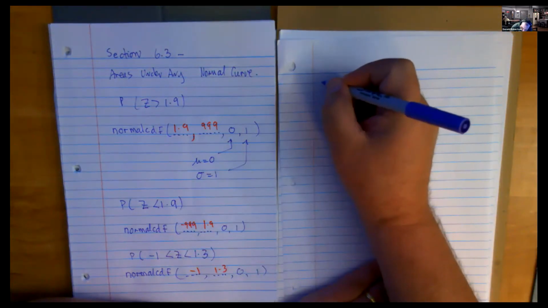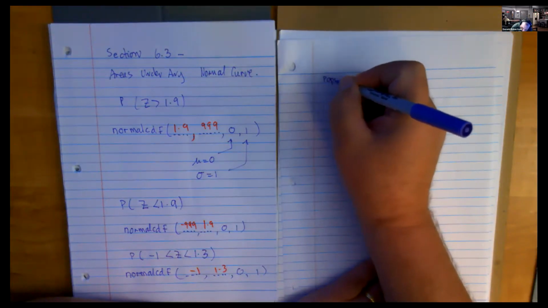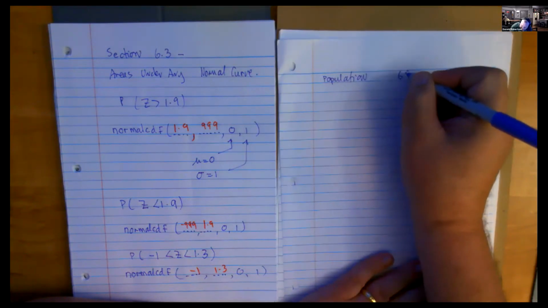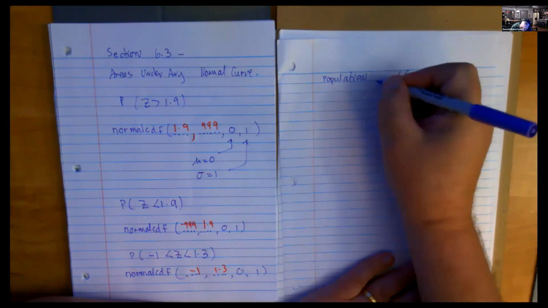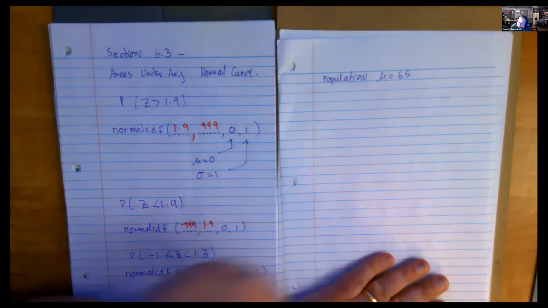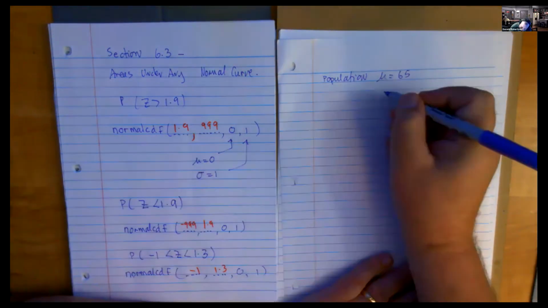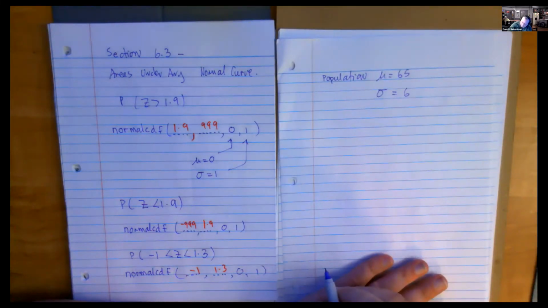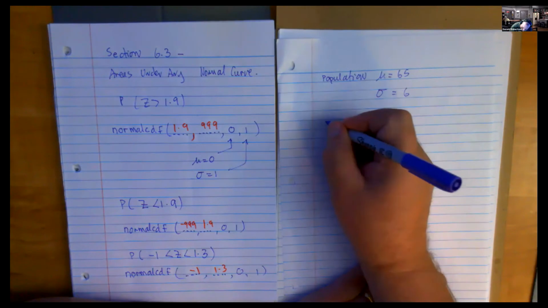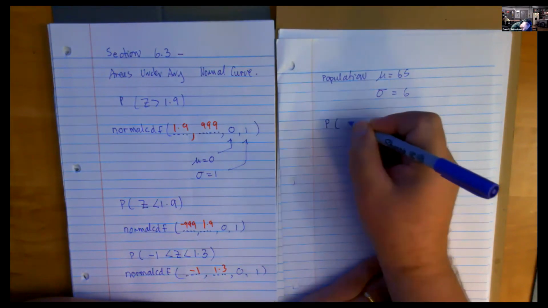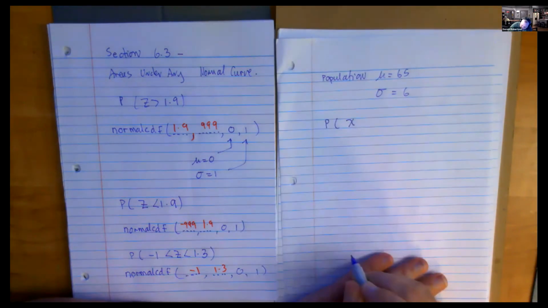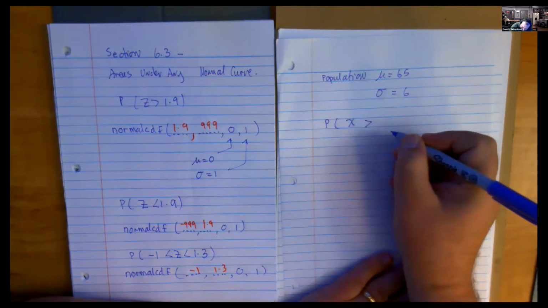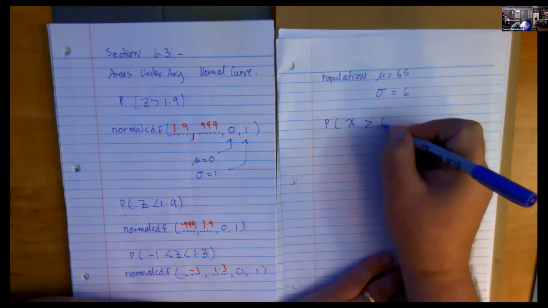Now, suppose I have a population and the mean is 65. So let's say that for the population, the average height is 5'5", and that the standard deviation is 6 inches. And I would like to know what percentage of people have a height, so X is the data, greater than 69.